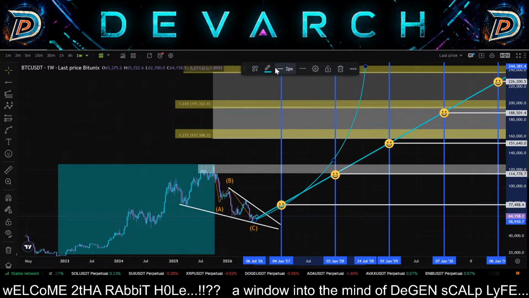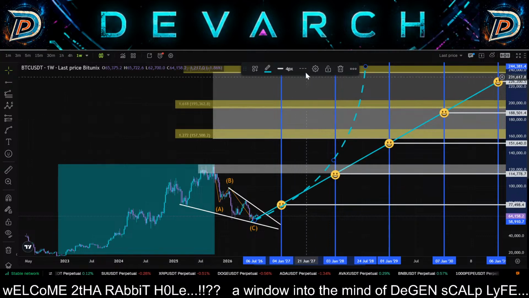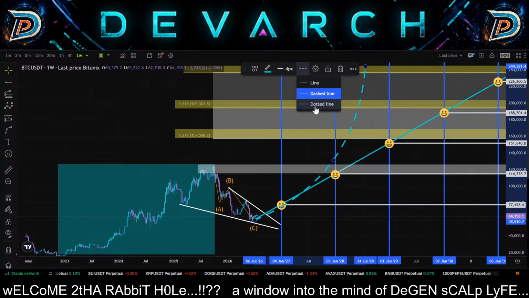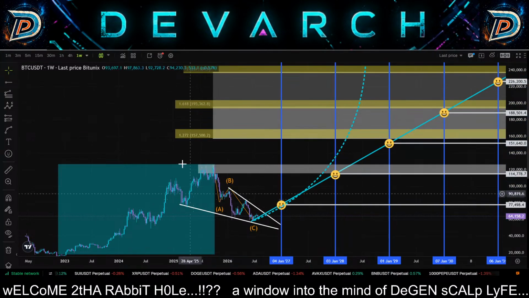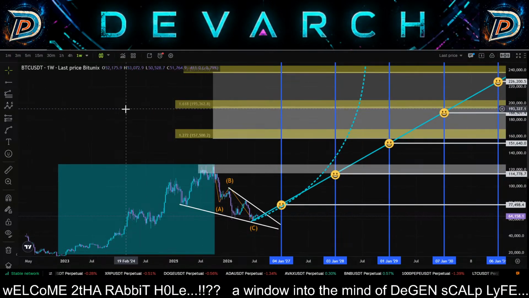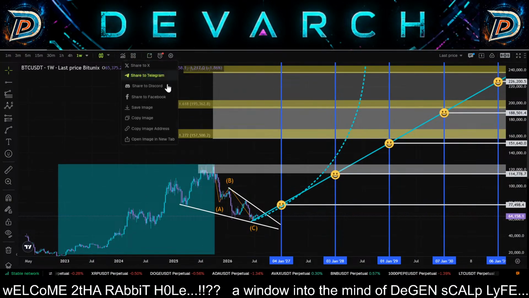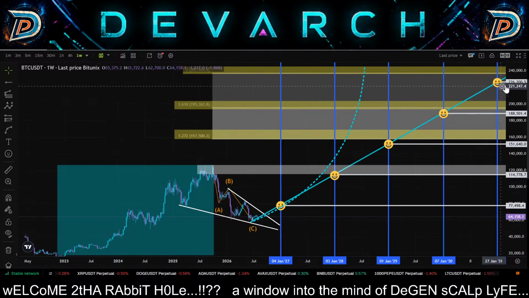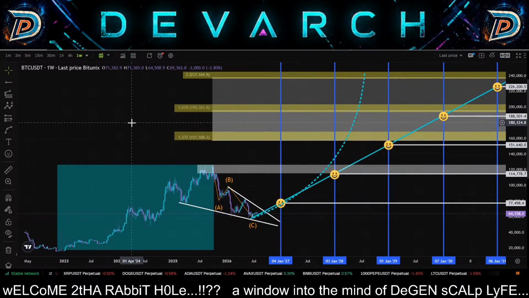Let me put a big dotted line for this. This is what I think is more likely, right? But we could see either way. So let me save this because this is an important projection. This is the weekly projection to the upside.